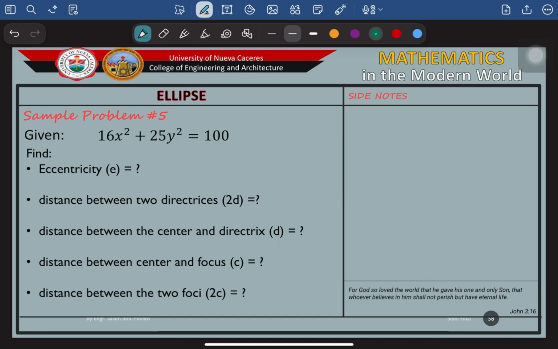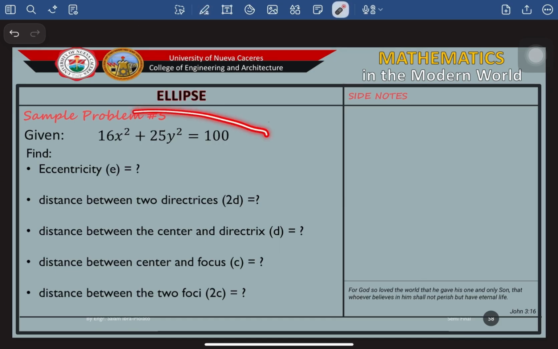So notice, class, that the given equation is not in standard form. So we need to convert it first before we proceed to finding those variables.